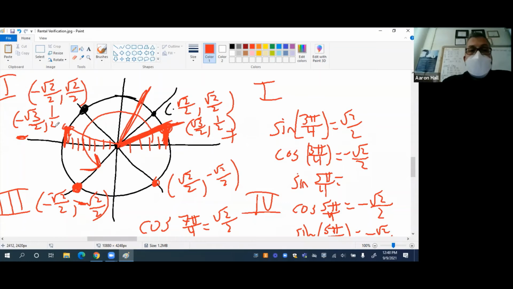Now, what's that? Use the hand trick. Okay, so I want to recreate this. Is that my sine or my cosine? X is cosine.